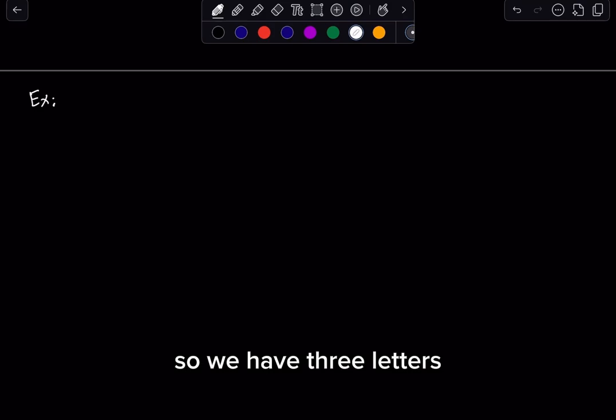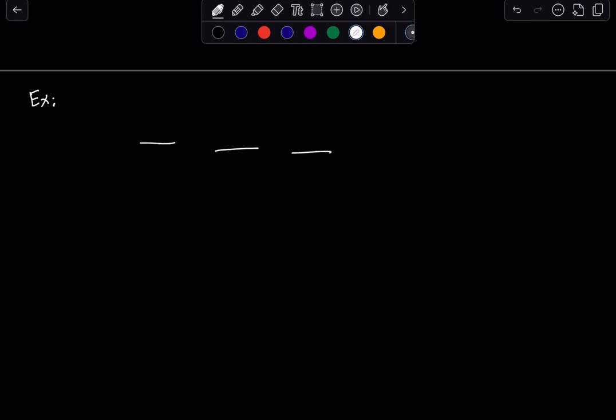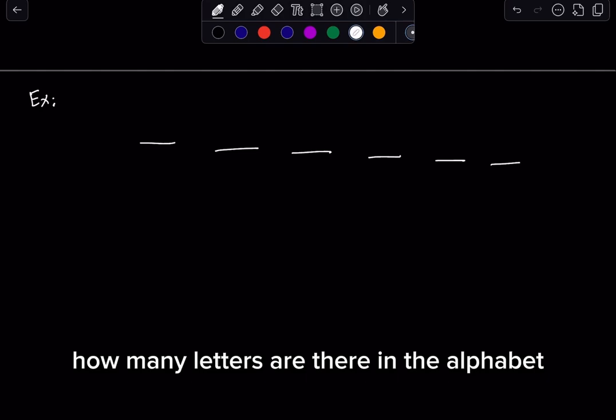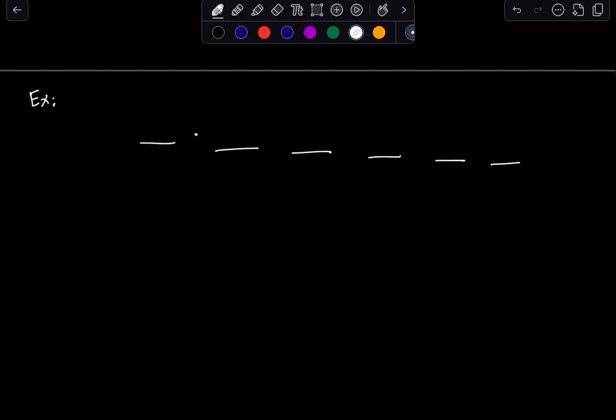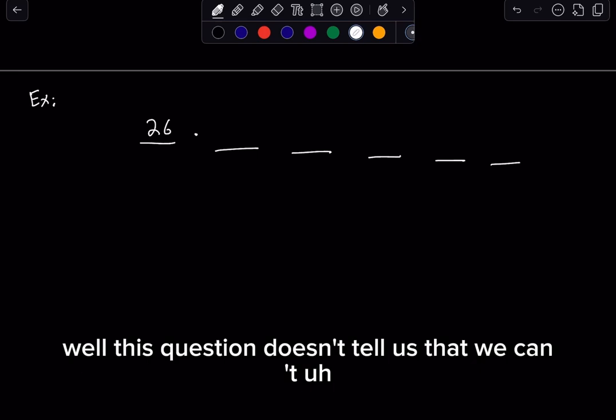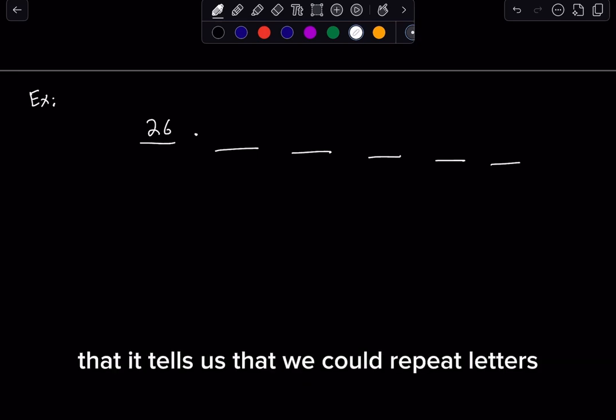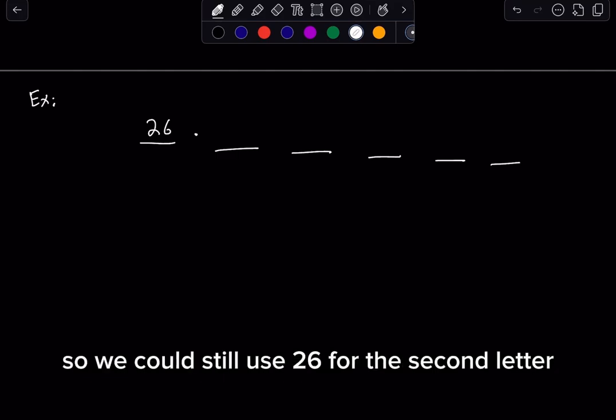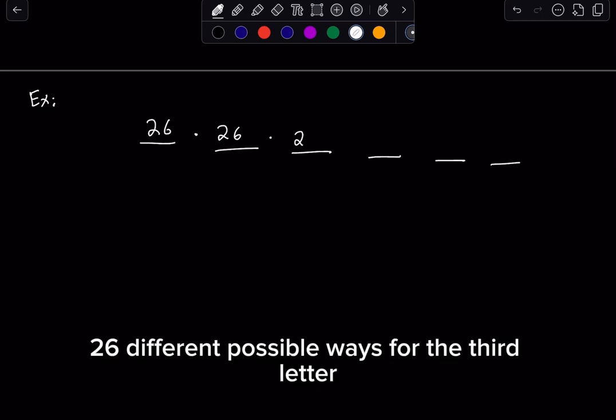So we have 3 letters followed by 3 digits. How many letters are there in the alphabet? 26. Since we can repeat letters, we could still use 26 for the second letter, and 26 different possible ways for the third letter.